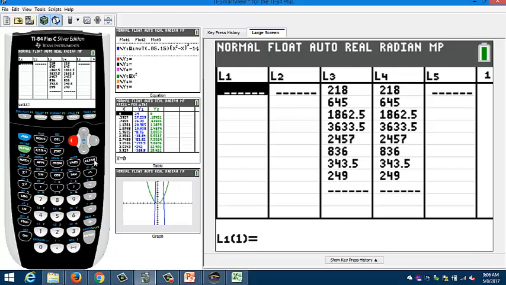So once I have cleared lists, I can put these things in the calculator. Do you guys want to do this along with me? It won't take that long. Let's see. So we have 3, 10, 14.